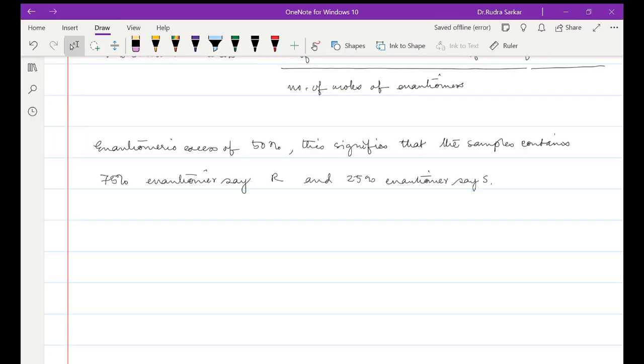So a racemic mixture will ideally be 50% of R and 50% of S. Okay.